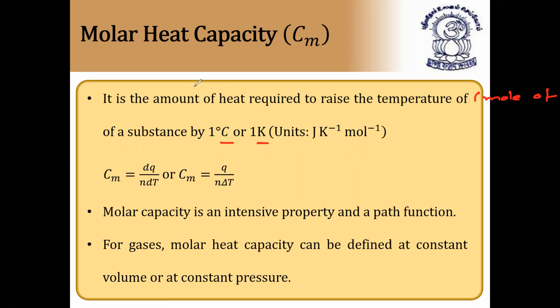Here we have to write 1 mole of a substance, because the difference between heat capacity and molar heat capacity is that for molar heat capacity we take 1 mole of a substance. Its unit is joules per Kelvin per mole, because Q is in joules, temperature is in Kelvin, and n is the number of moles, that is weight by molecular weight.